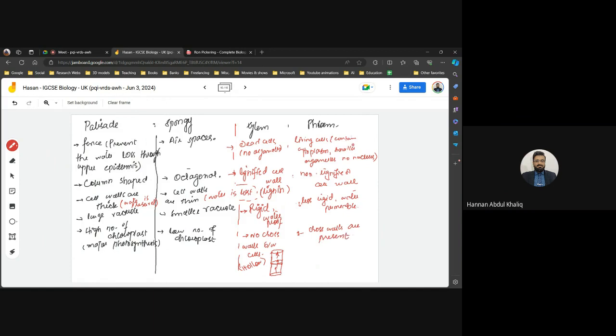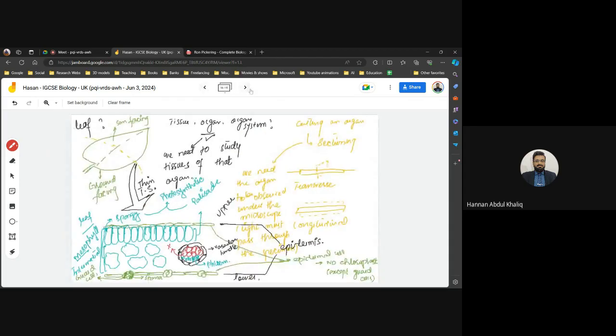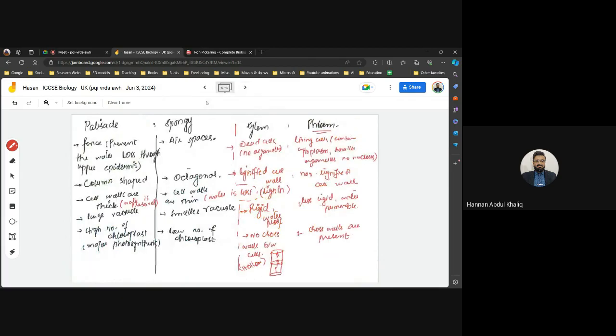We don't need to know more about the phloem because phloem is not discussed in that much detail in our syllabus. Okay, so these are the differences between different kinds of tissues in plants. And now I would get to the topic of photosynthesis.